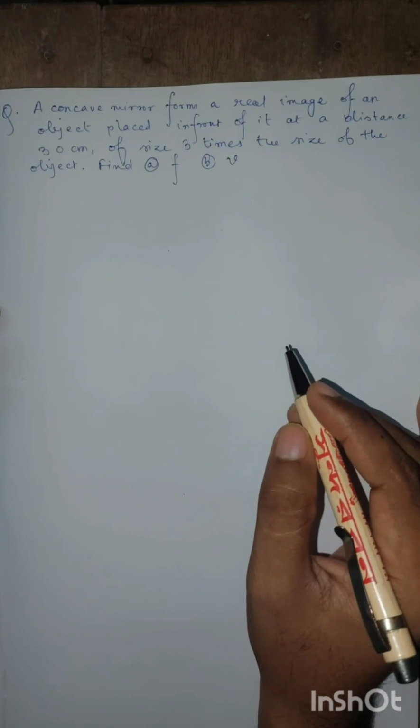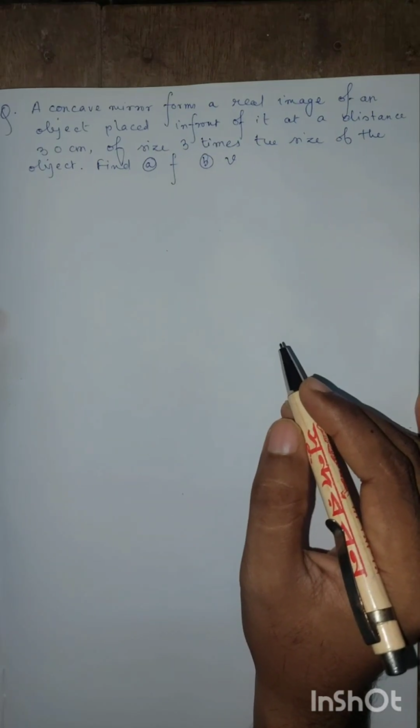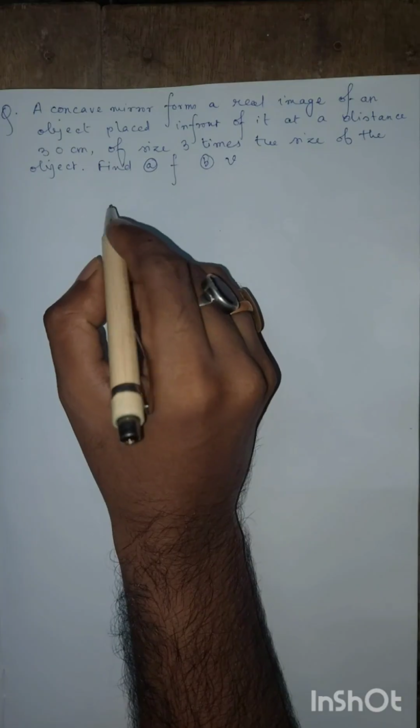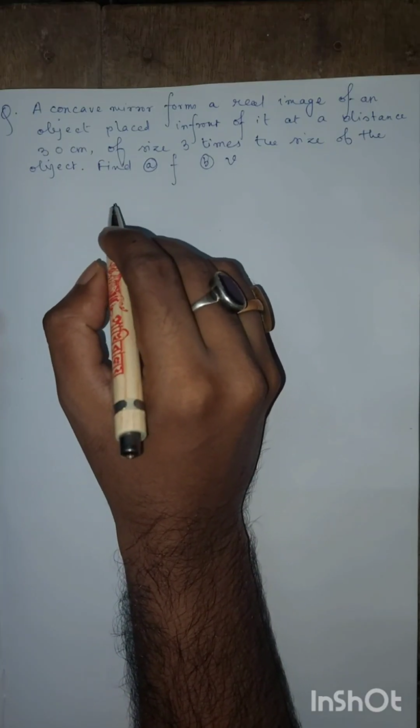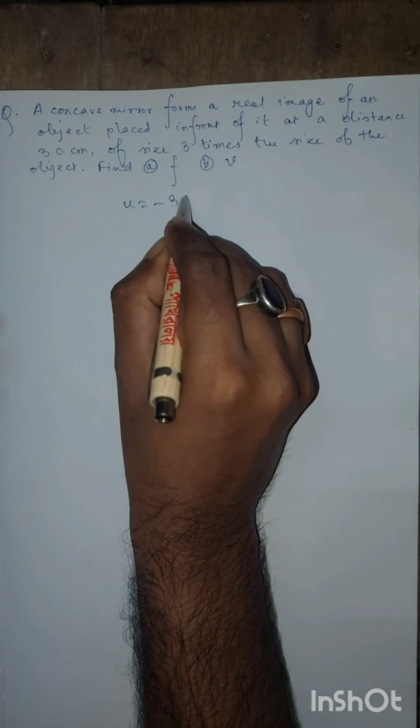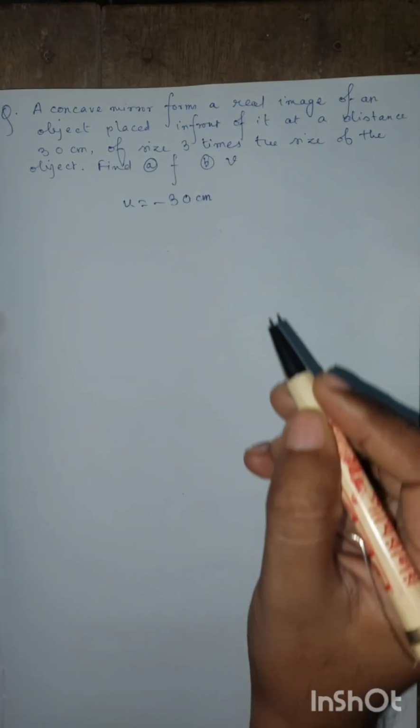Okay, so let us first write the information. U is minus 30 centimeter.